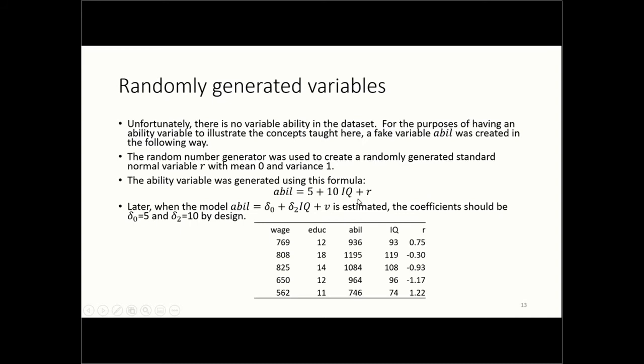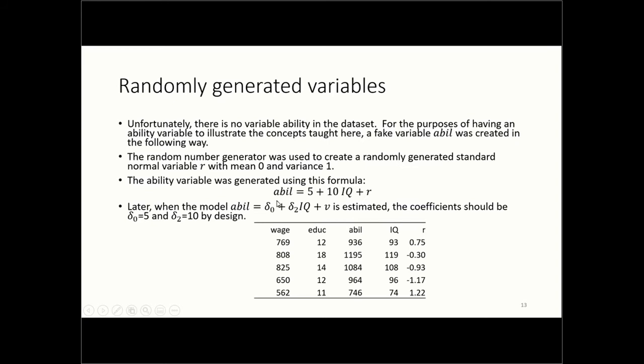And notice that because I used this relationship to generate the variable ability, later when we estimate the model of ability on IQ, the coefficients should really be 5 and 10 by design, because I actually used this formula to generate this variable ability.